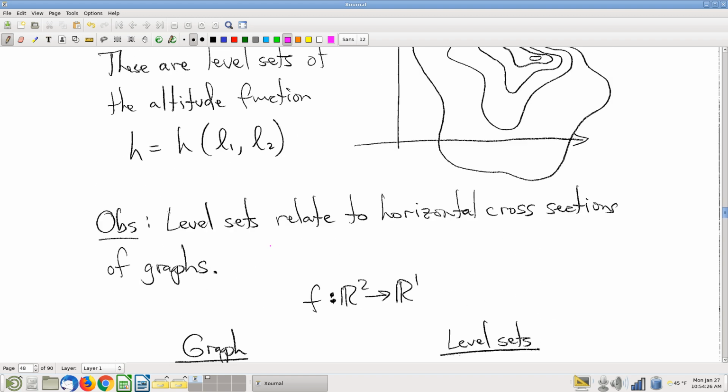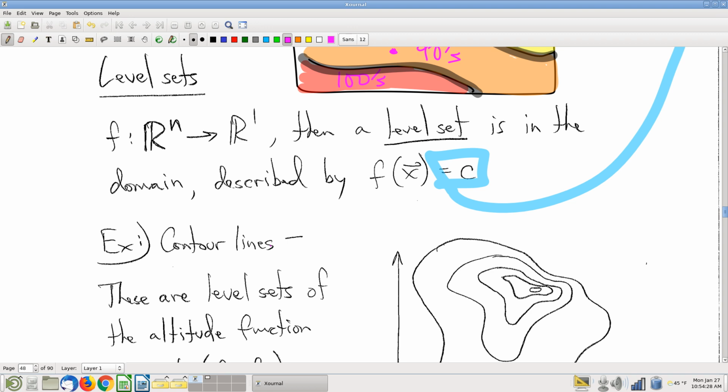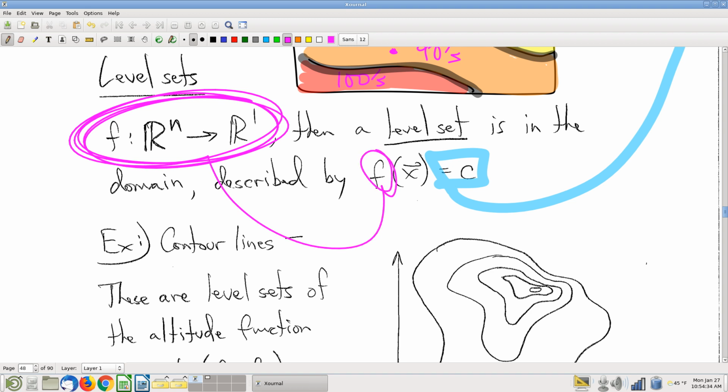If you go back to our definition of a level set, you can talk about level sets of a function. Right? You need to have a function to go through this process of taking the values of the function and setting them equal to a constant. A plane is not a function. Now there's a tendency to say, okay, well, yeah, but come on, a plane is described by a function.